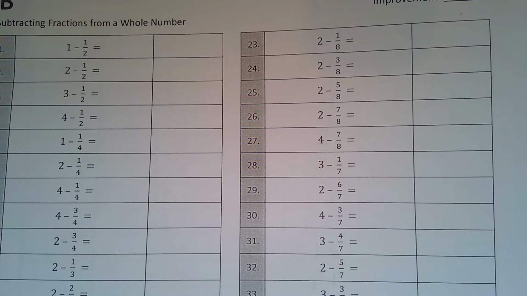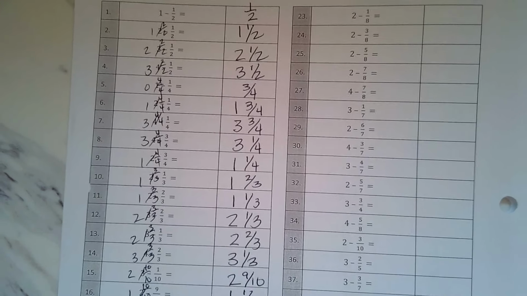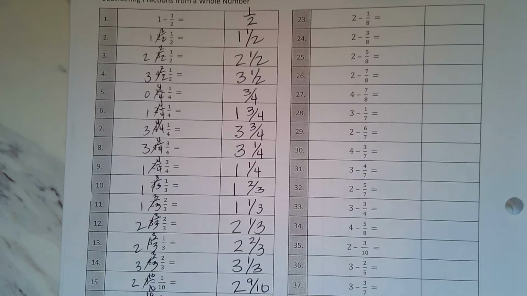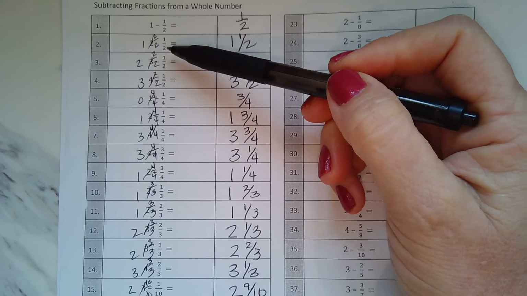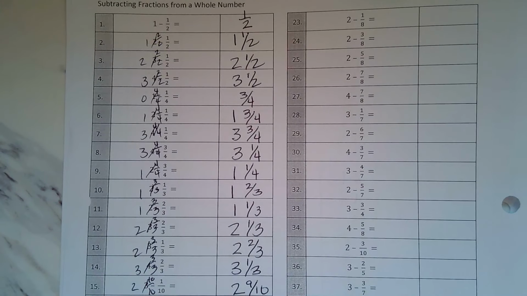Ready, set. So I got as far as I did last time, but I did use my strategy the whole way down so that you could see where my numbers are coming from if you're still trying to establish this skill.